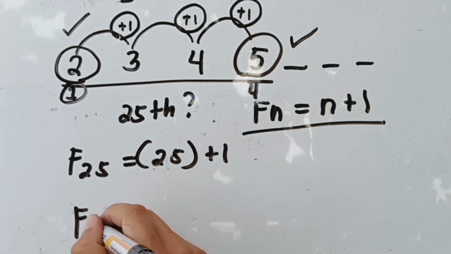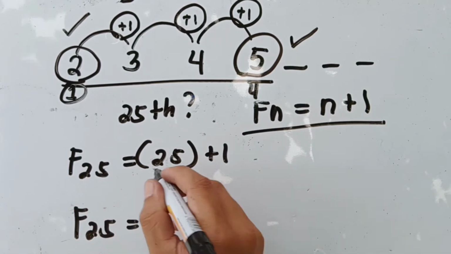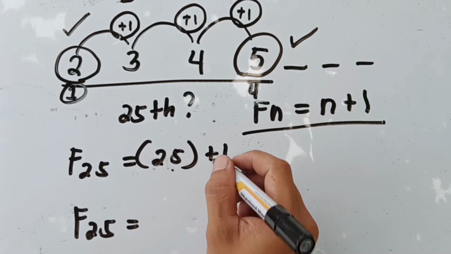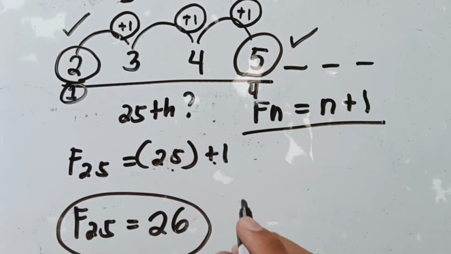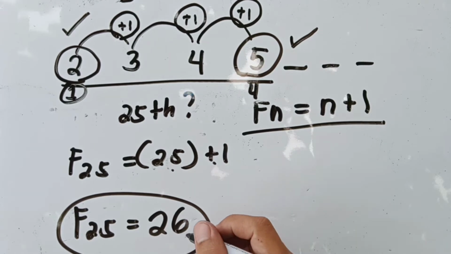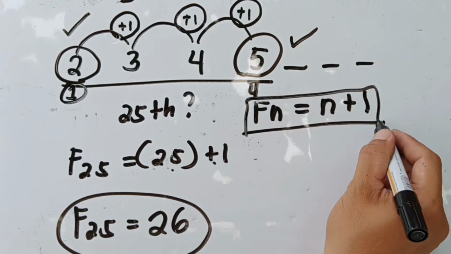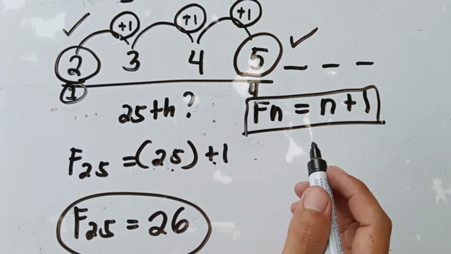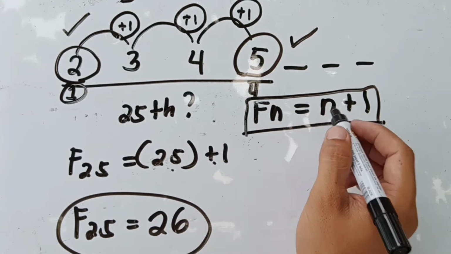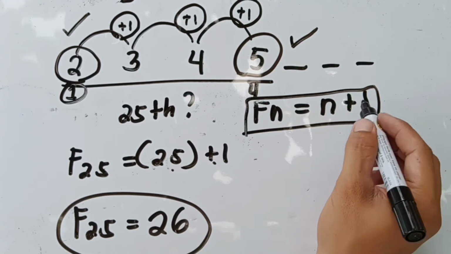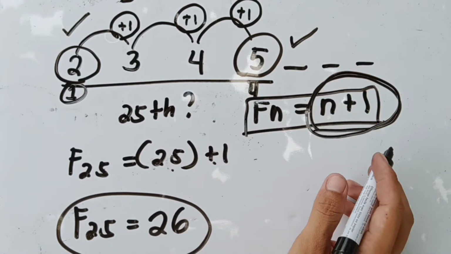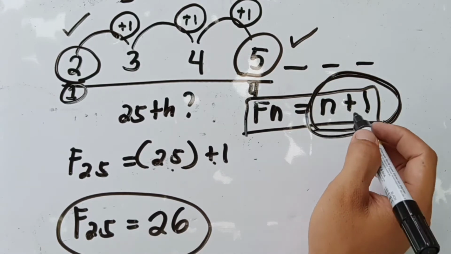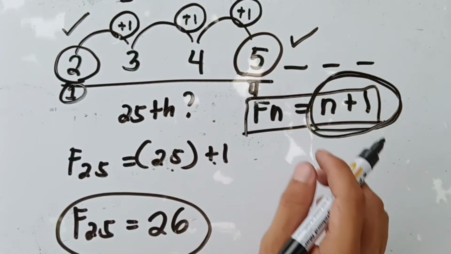So our 25th term is equal to 25 plus 1 is equal to 26. So this is our 25th term using this rule or formula. So our formula is f sub n equals n plus 1. So the rule for this sequence is n plus 1. So this rule will be used for consecutive numbers.